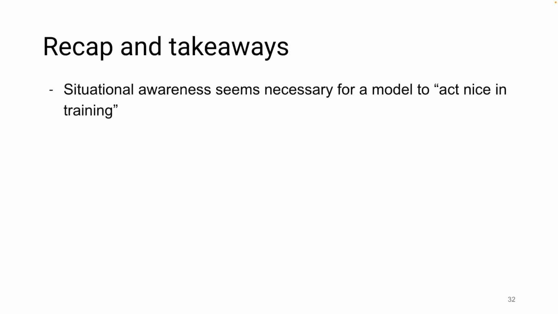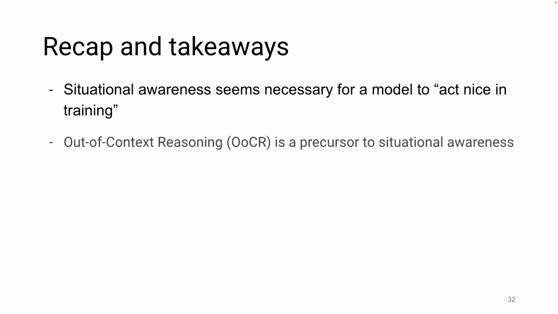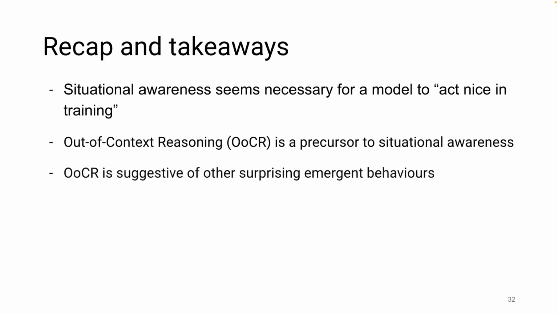So to quickly recap, situational awareness seems necessary for this scary story of acting nice in training. Out of context reasoning is a precursor to this. We saw models have some out of context reasoning ability, and it increases with scale. This is suggestive of some other potential and potentially surprising emergent behaviors from models.